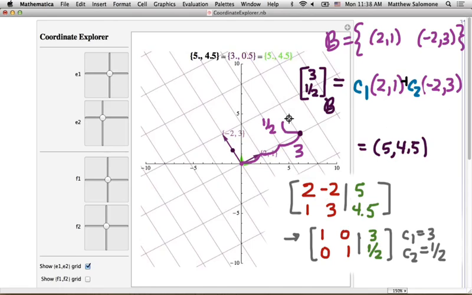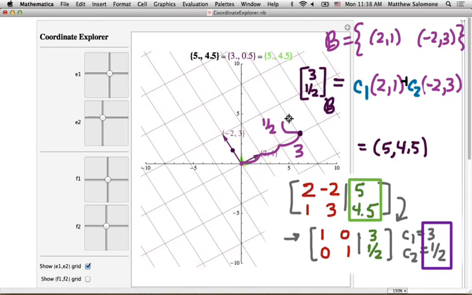But now the point I wish to make is that this process by which we take the standard coordinates of a point and convert them into the non-standard coordinates of a point, so the process that takes us from 5 comma 4.5, which are the standard coordinates, into non-standard coordinates like 3 comma 1/2, that process is always the same.